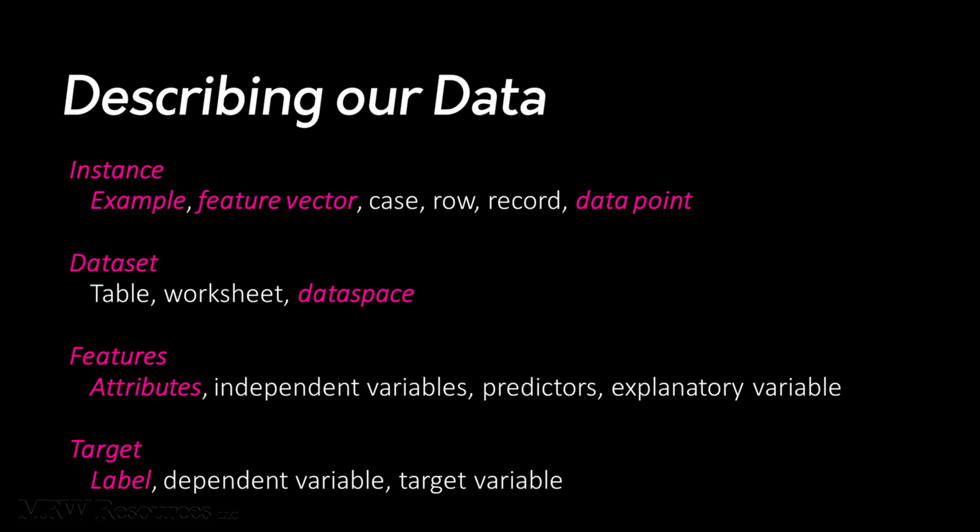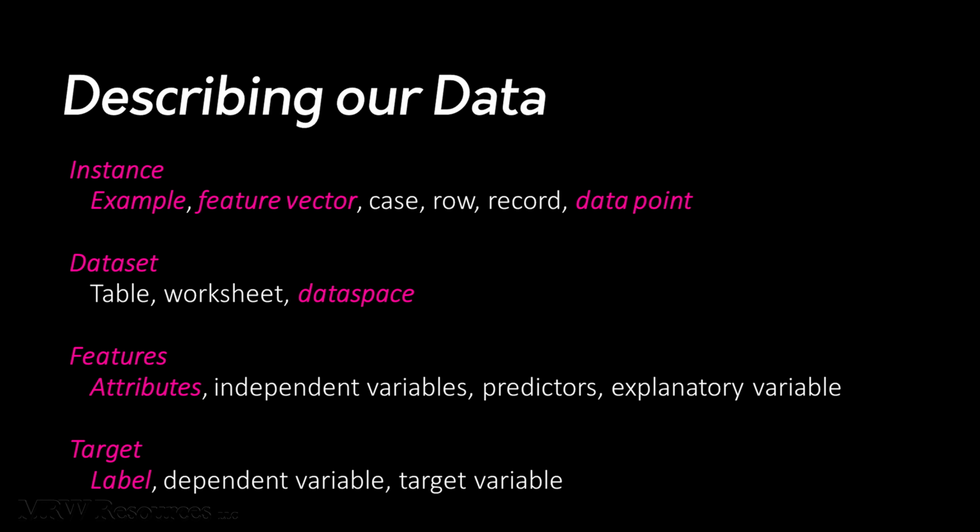And as you can see, we can refer to that as a number of other terms. It's an example in our data set. It's a feature vector. It's a case. It's a row in our database table. It's a record in our file or on our worksheet. It's a data point. Next, we have the data set. Again, you'll hear it referred to by other terms such as table, a database table, for example, the worksheet in our Excel workbook, data space.